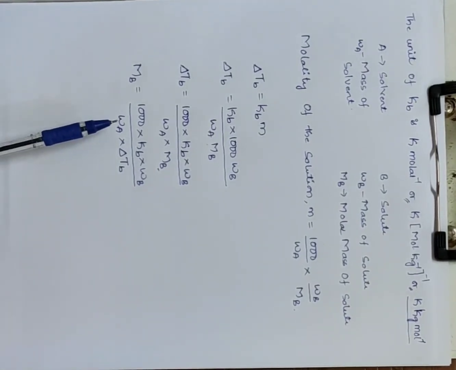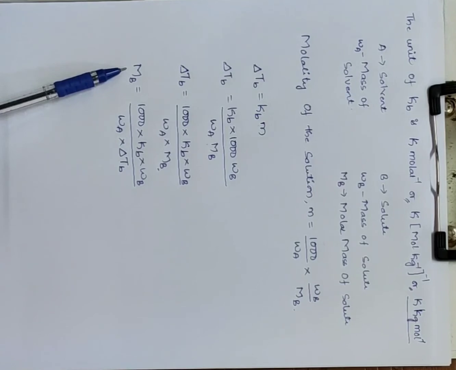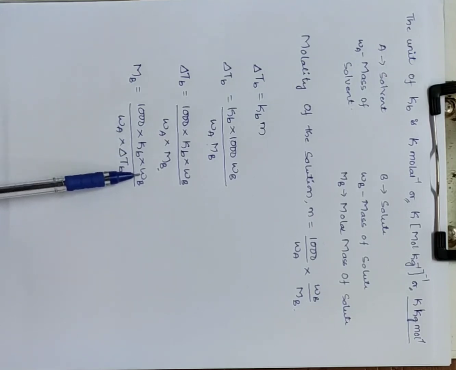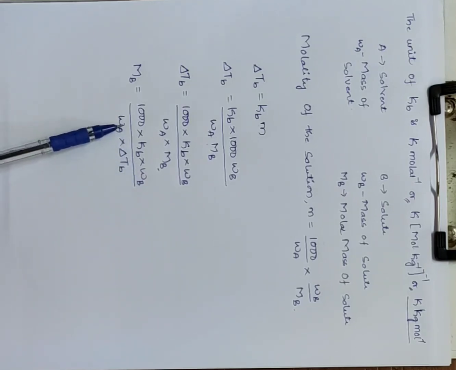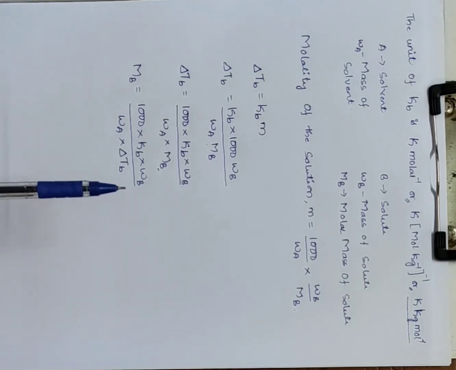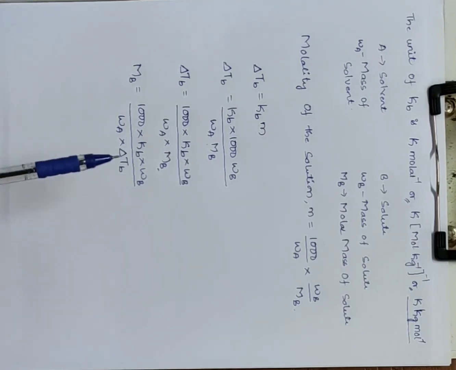In order to determine the molar mass of non-volatile solute, that is MB, a known mass of solute, that is WB, is dissolved in known mass of the solvent, that is WA, whose Kb value is known. The elevation of boiling point delta TB is determined experimentally.